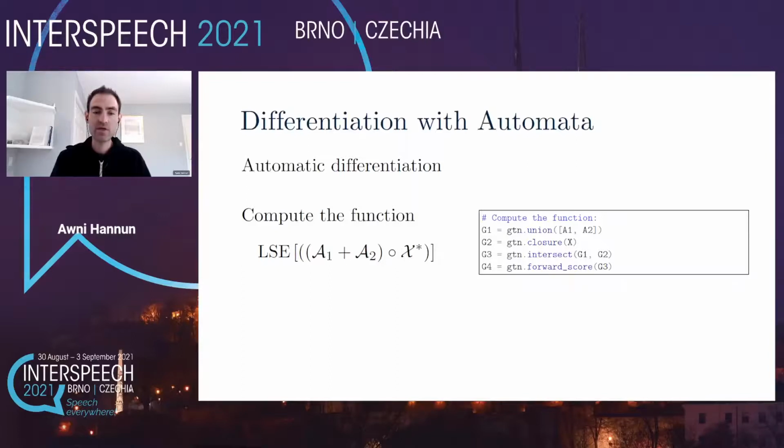And for these intermediate graphs, they will have gradients if any of their inputs require gradients. And so we'll do that recursively. So for example, for G1, since A1 and A2 both requested gradients, G1 will have a gradient. G2, since X did not request a gradient, we won't have a gradient for G2 either. G3, since G1 requires a gradient because A1 and A2 do, G3 will have a gradient. And then G4 is the output.